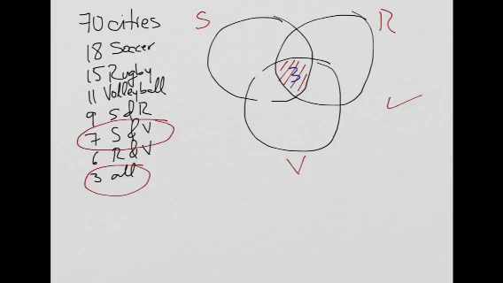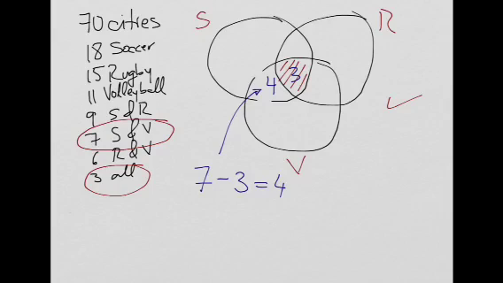So what we're gonna put in this piece, well, those 7 that have soccer and volleyball, but out of those 7, some will have only soccer and volleyball, some will also have rugby. Good thing we know how many also have rugby, right? That's why this is a 4.